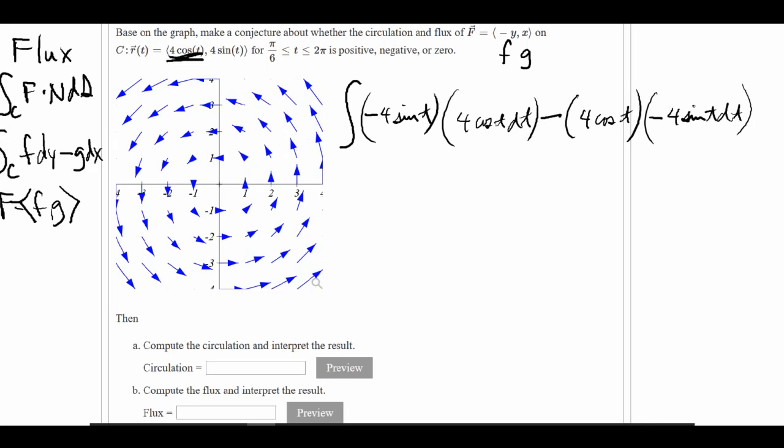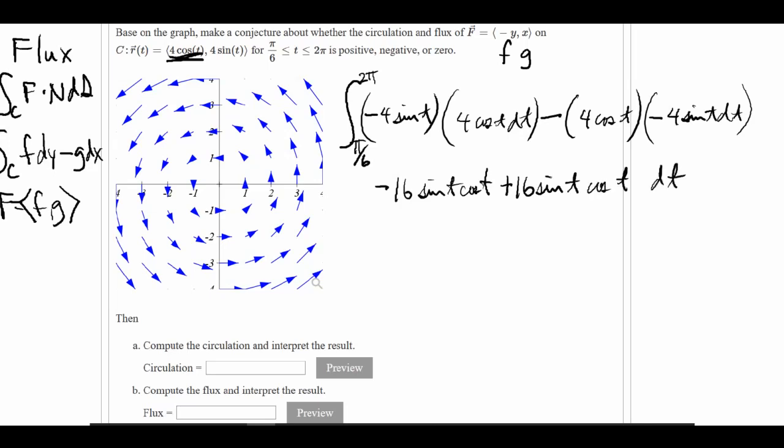And as before, the dt's will factor out, and we can combine some of the other stuff together. And as before, this is going from pi over 6 to 2 pi. So negative 4 sine t, 4 cosine t would be a negative 16 sine t cosine t. The negative 4 cosine t times negative 4 sine t would be a positive 16 sine t cosine t.